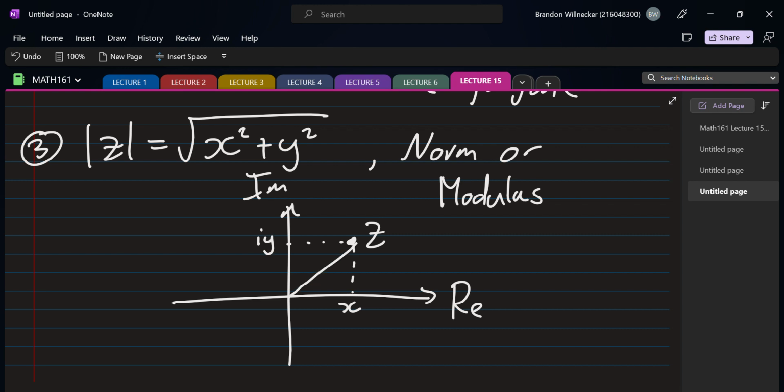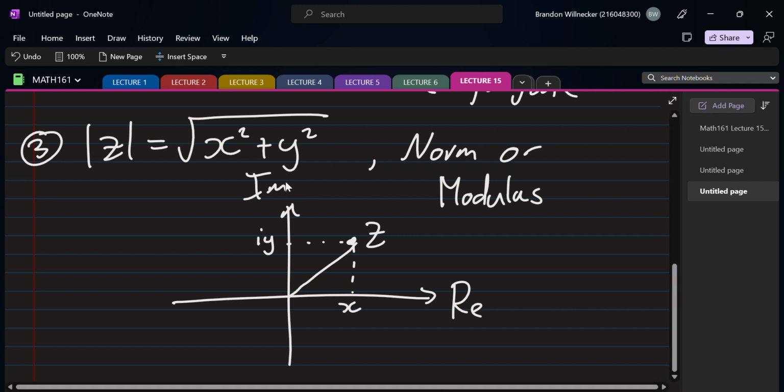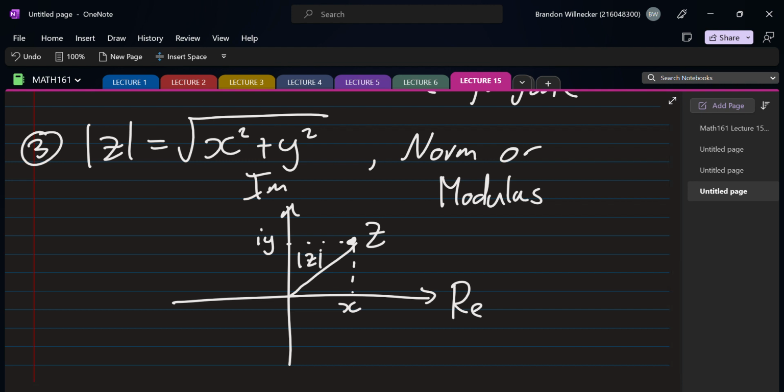Here's x, y. This distance from the origin to z, that's the square root of x squared plus y squared. We call this the modulus of z, or the norm of z. It's that distance there, the hypotenuse of this triangle that we can form.